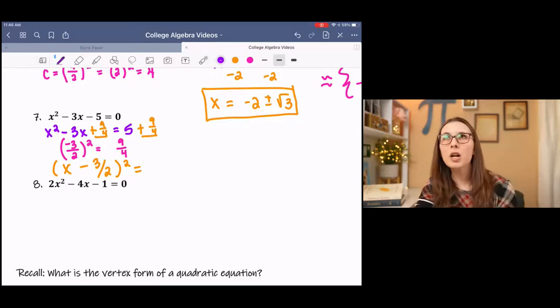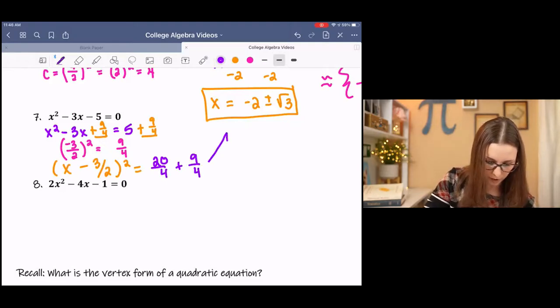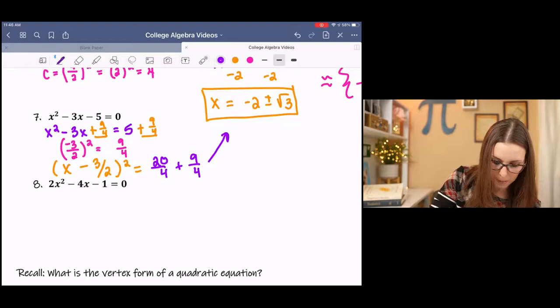I need a common denominator of 4, so that's going to be 20 over 4 plus 9 over 4. Should have given myself some more room, but that's okay. And then that's going to be 29 over 4.